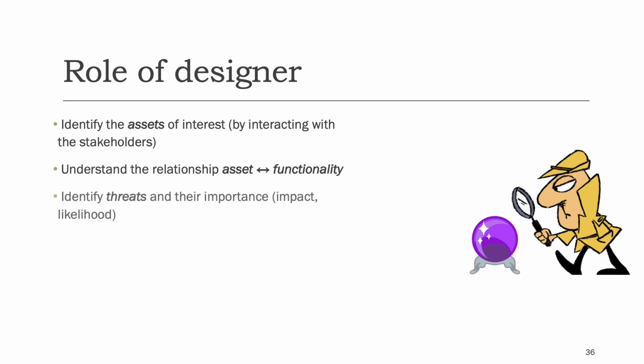So once this knowledge is collected, the designer can start to identify security threats. This process is also sometimes called threat analysis or threat modeling. And at the end of this threat analysis, designers need to prioritize the security threats that they found according to some risk levels, which is usually a combination of impact and probability.